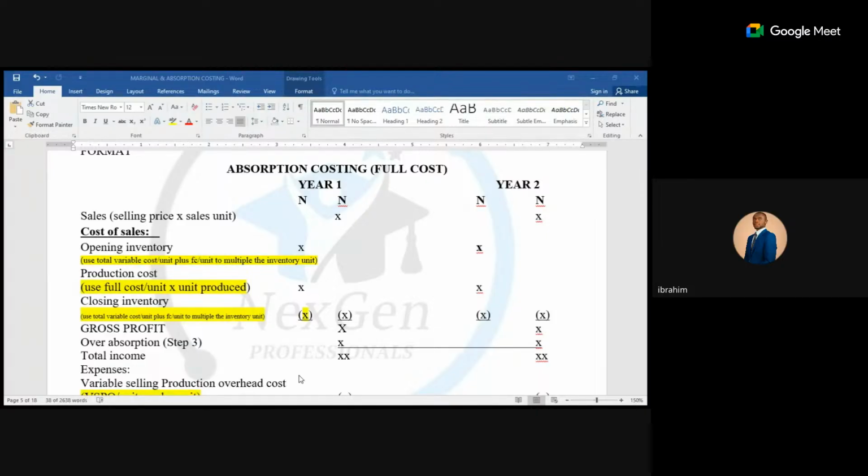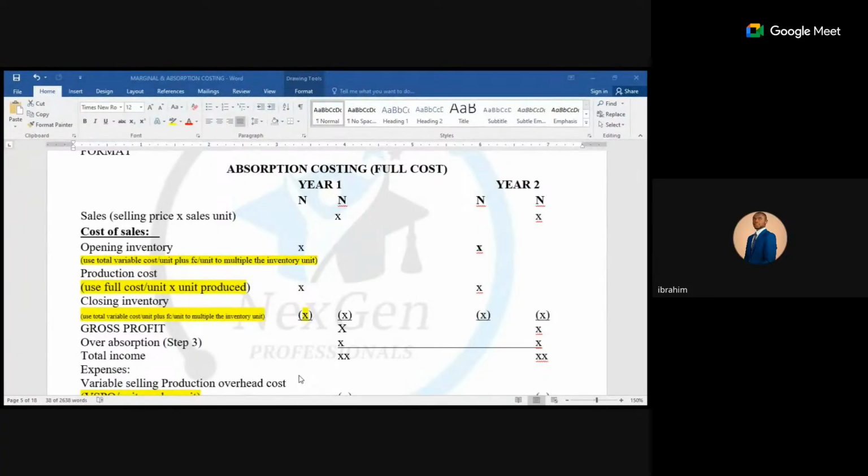Full cost means variable cost per unit plus fixed cost per unit, then multiply by the units of the inventory. We give you the value of the opening inventory. Why do we have to use full cost? Because it is absorption costing. It deals with what? Full costs.